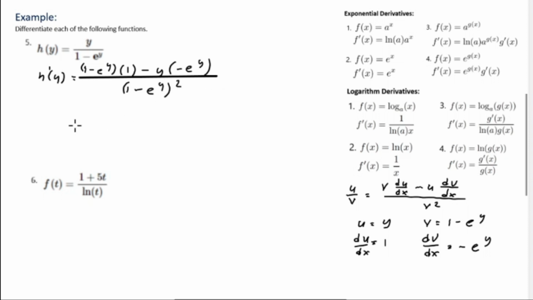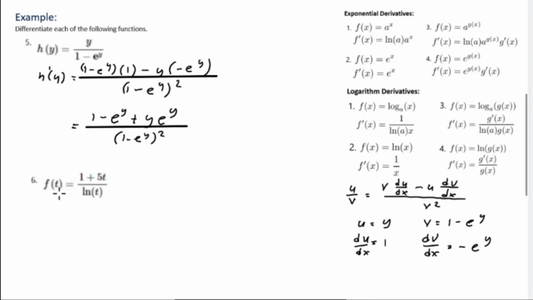And we simplify. 1 times 1 is 1, minus negative e^y times 1, or negative e^y, minus, it is plus y e^y, and we divide by (1 minus e^y) squared, and this is the derivative.